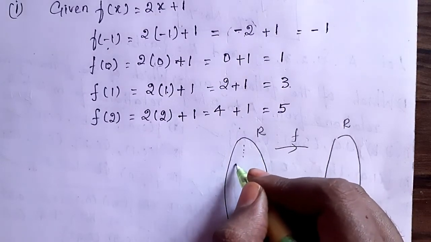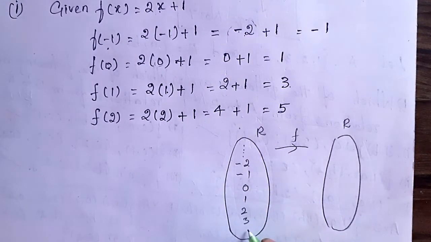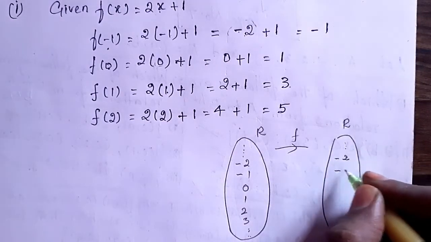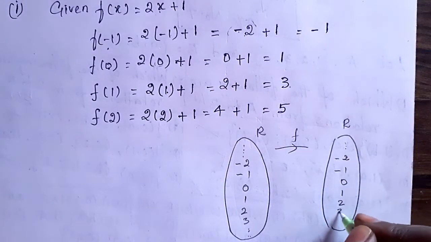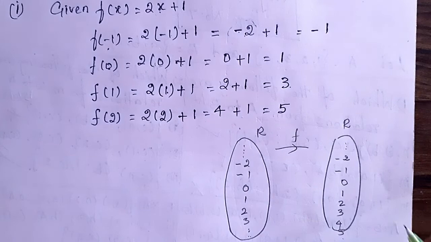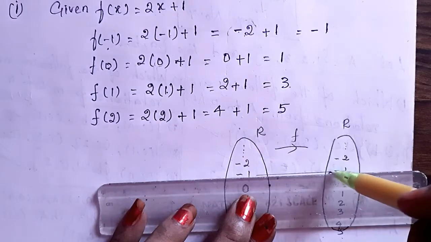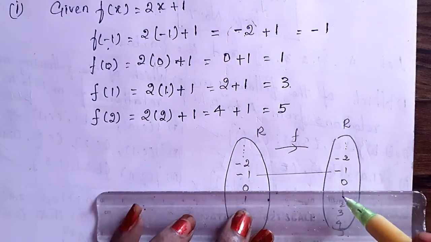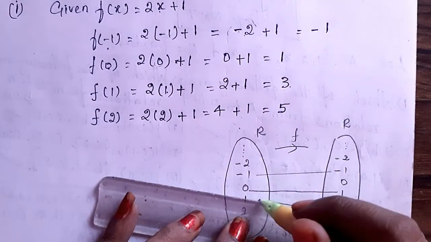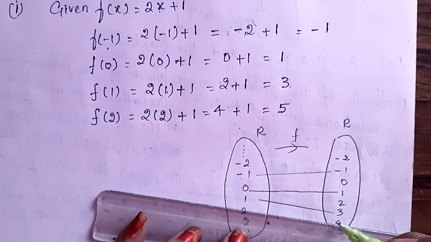I am plotting only from minus 2, minus 1, 0, 1, 2, 3, etc. Here also the same: minus 2, minus 1, 0, 1, 2, 3, 4, 5, etc. Okay. Now we are going to draw it. Minus 1 goes to minus 1. 0 goes to 1. 1 goes to 3. 2 goes to 5.